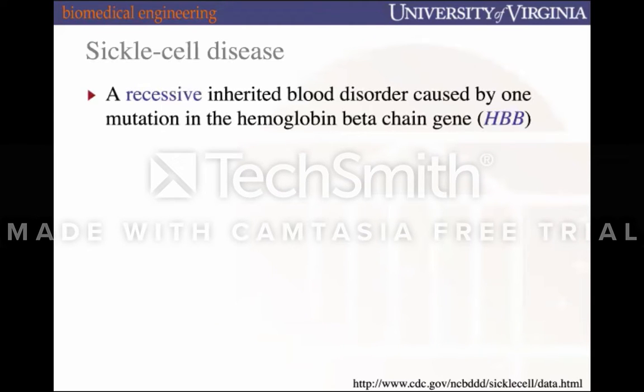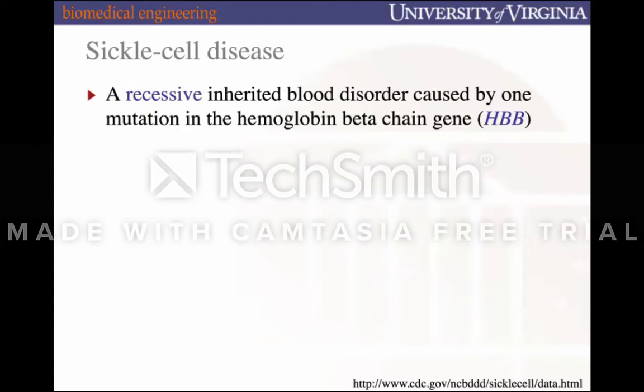So sickle cell disease is a recessive inherited blood disorder. Recessive here means we get two copies of genes, one from each of our parents, and a recessive disease means that you need to have both copies inherited. Usually dominant disease typically means that you just need one copy.